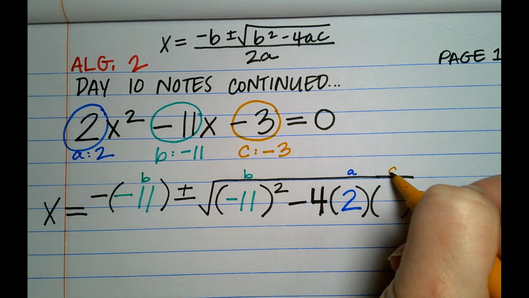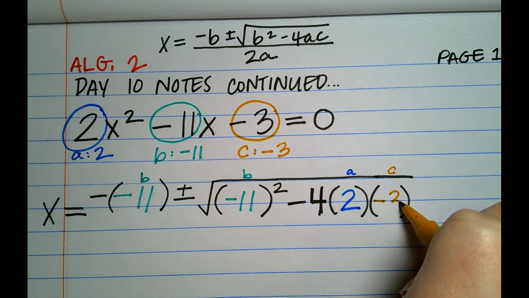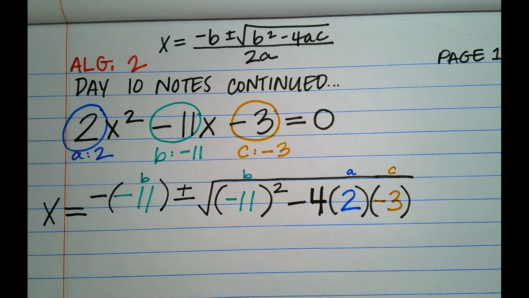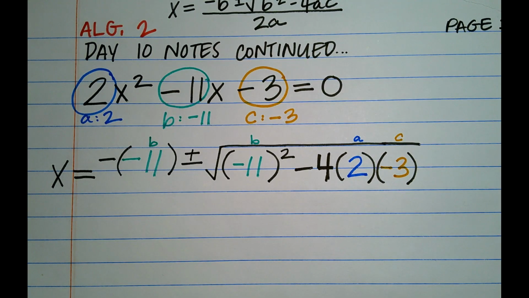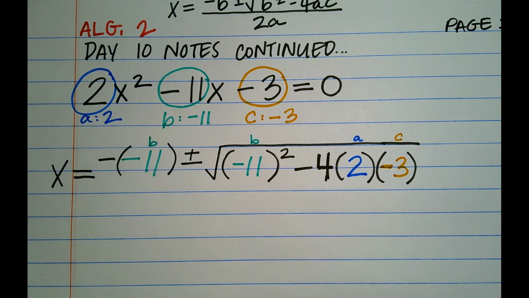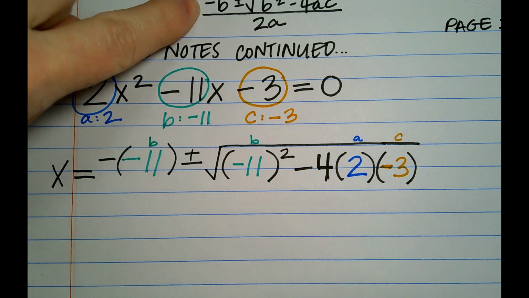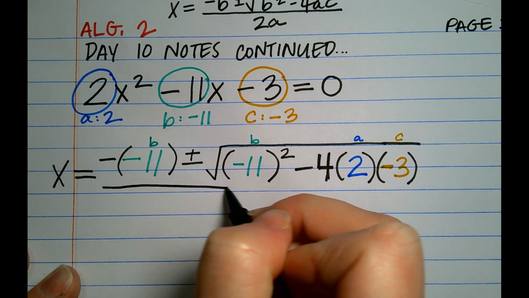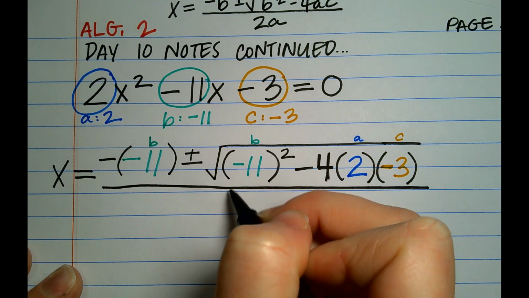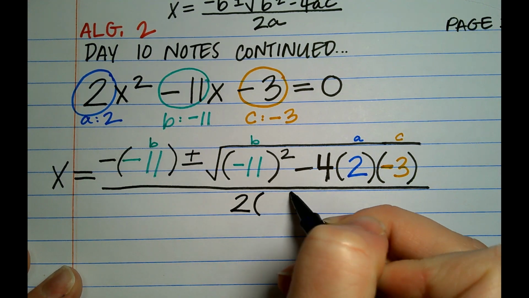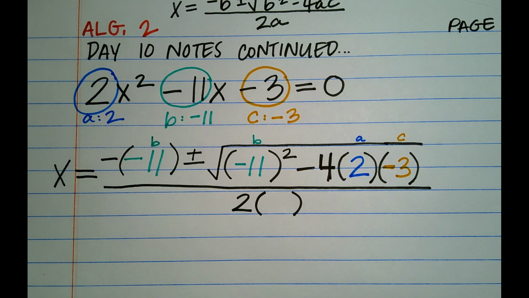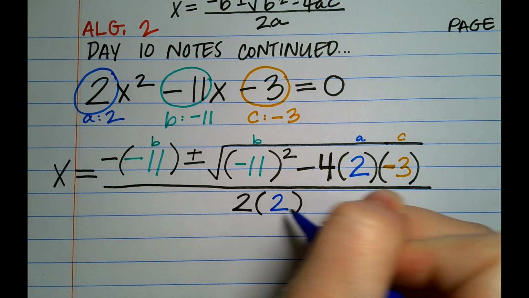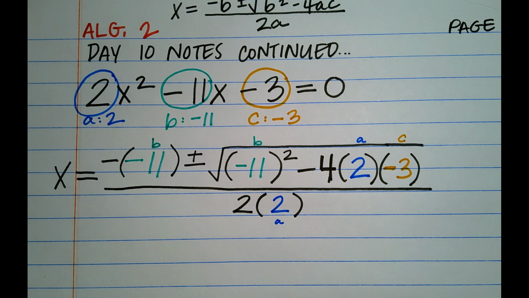Negative 3, C. Okay. So we have everything on top plugged in. What goes on the bottom? 2 times 2. A. Okay. We have plugged it all in.